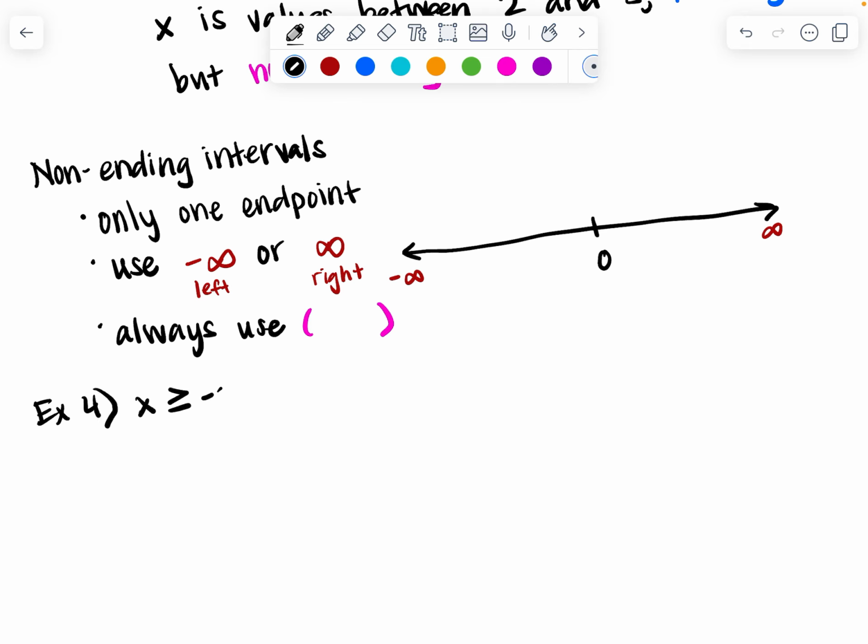Okay, so the inequality is x is greater than or equal to -2. So on a number line, I only need -2. Since it's greater than or equal to, it's going to be a closed circle. And x is greater than -2, which means I'm going to be pointing up the number line towards +infinity, which is always on the right.